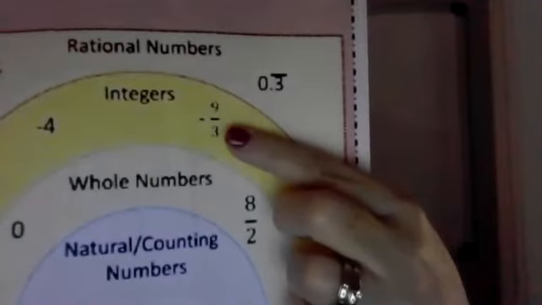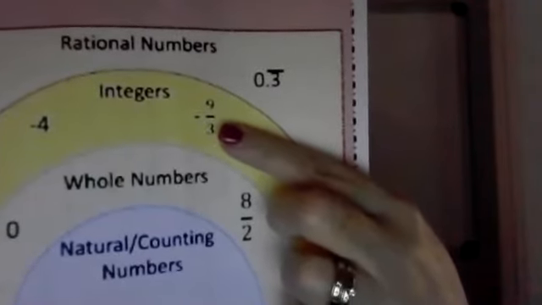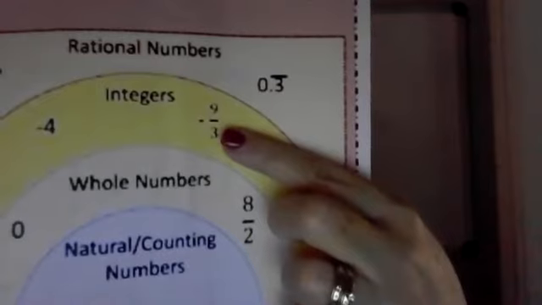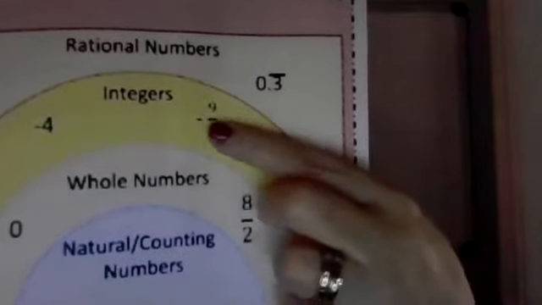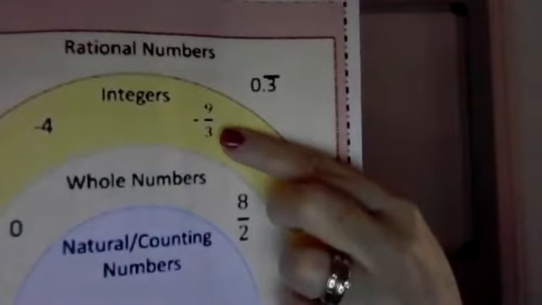But when you simplify this, that looks like a fraction, of course, when you simplify 9 divided by 3, it becomes the integer 3. And in this case, negative. We'll talk about negatives and positives today. That's what we're going to do.